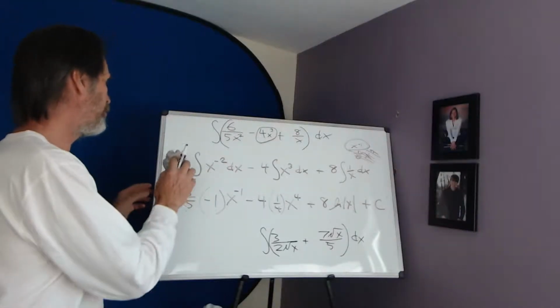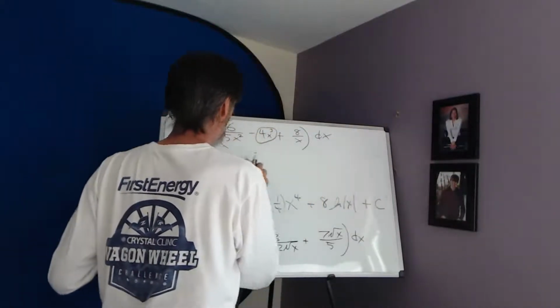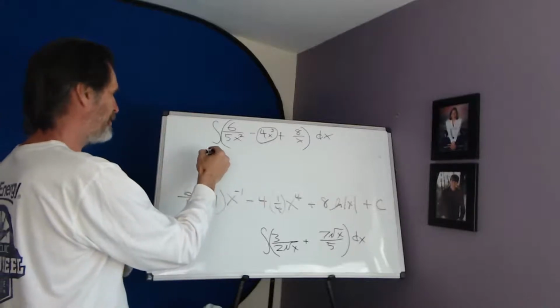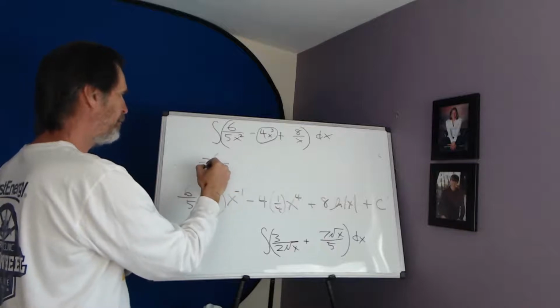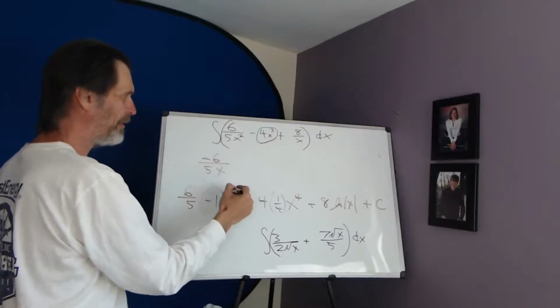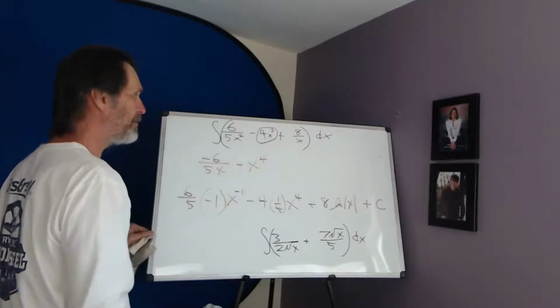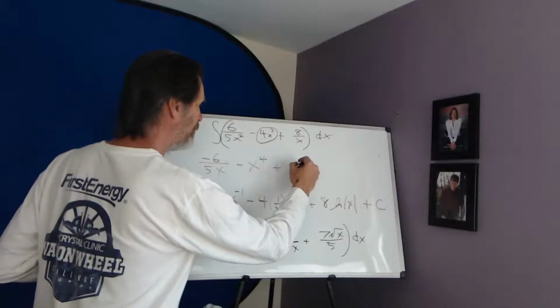So now let's make this look really pretty in the end. -6/5, so I could rewrite this as -6 over 5x. I could rewrite this one, as I said just a moment ago, x to the 4th. In this one, there's not a whole lot of rewriting I could do.